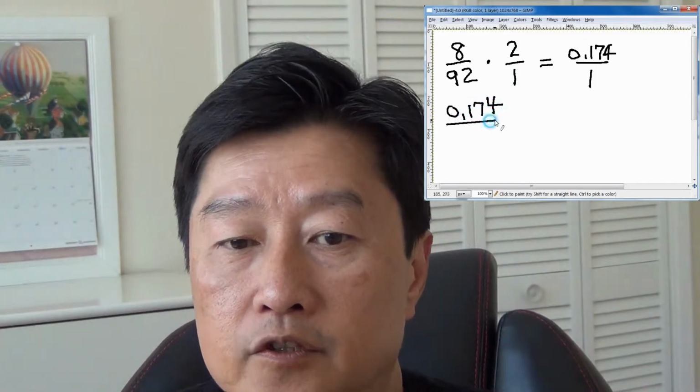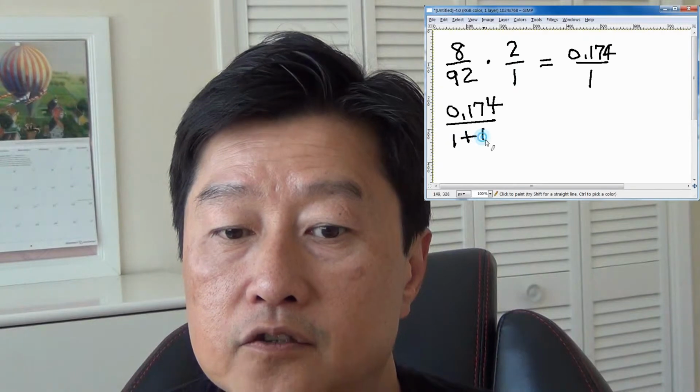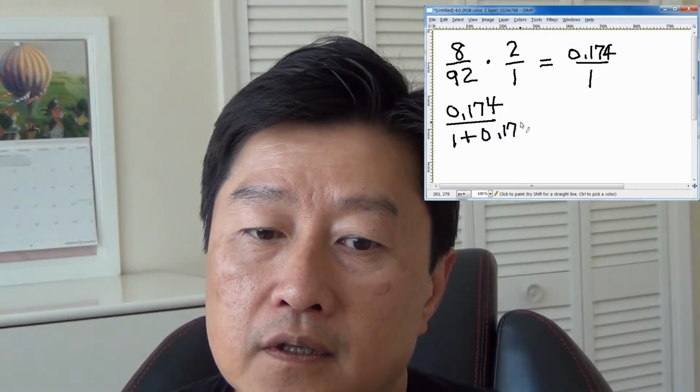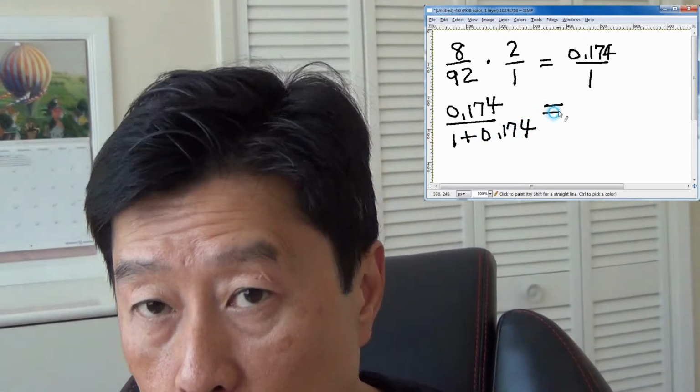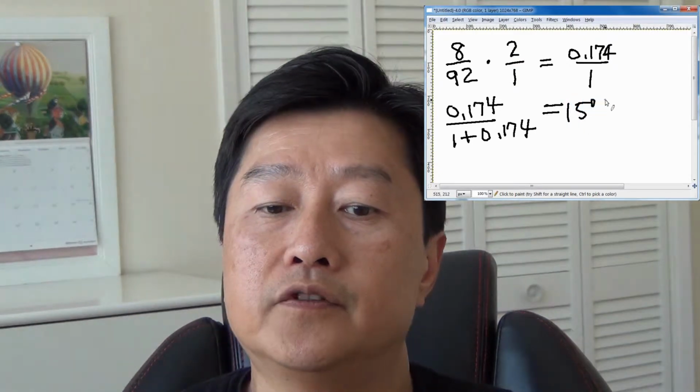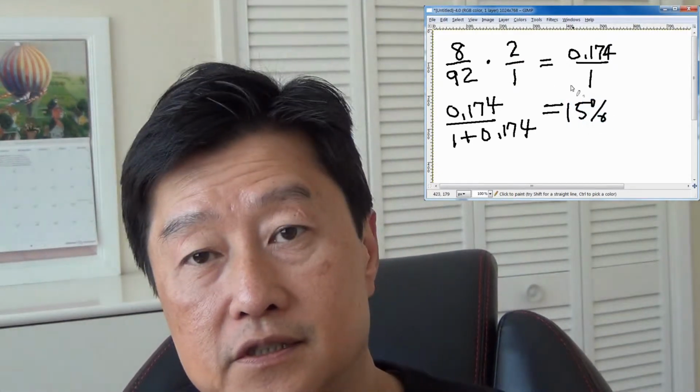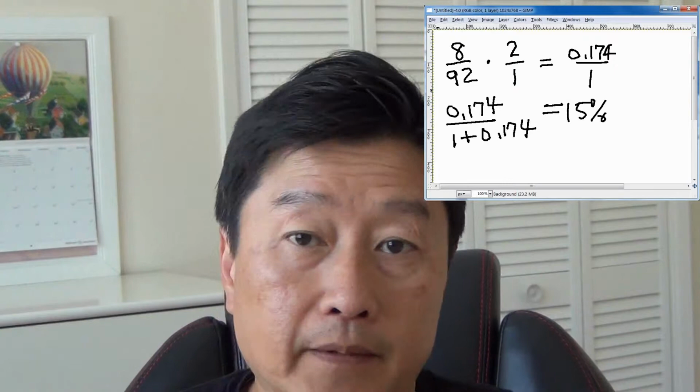So you multiply the two odds together, you get 0.174 to 1, and if you convert it to probability, 0.174 divided by 1 plus 0.174, that gives you about 15%. So an interesting tidbit, something you can share at your party next time.